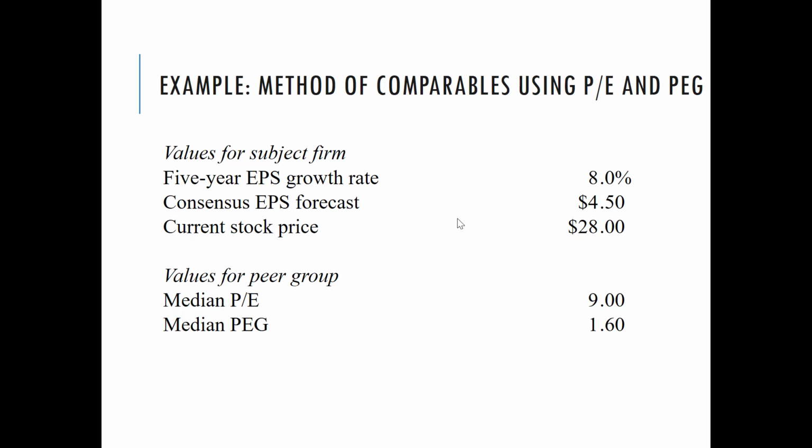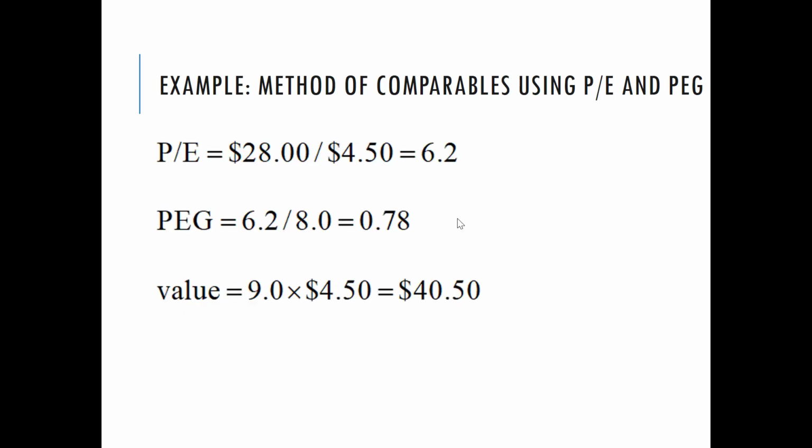Whereas if you look at its peer group or its comparable firms, the median price to earnings ratio is 9, and the median price to earnings to growth ratio is 1.6. If we apply the top section and try to figure out the price to earnings ratio for our firm, well, divide 28 by 4.5, which gives you a price to earnings ratio of 6.2. Divide that 6.2 by 8, and you get a price to earnings to growth ratio of 0.78.